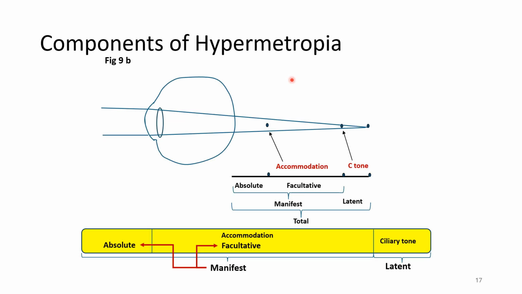This is the same concept illustrated pictorially. So this is the total hypermetropia, out of which part is controlled by the ciliary tone, that is the latent component. Part is controlled by accommodation, that is the facultative component, and part of it remains uncontrolled, that is the absolute component.